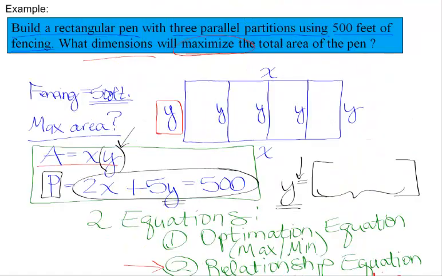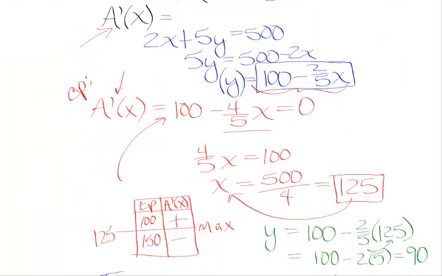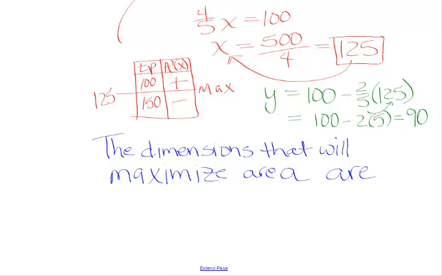Are we in feet? 500 feet of fencing. So those dimensions are 125 feet by 90 feet. And there's your first optimization word problem, your first max-min word problem.